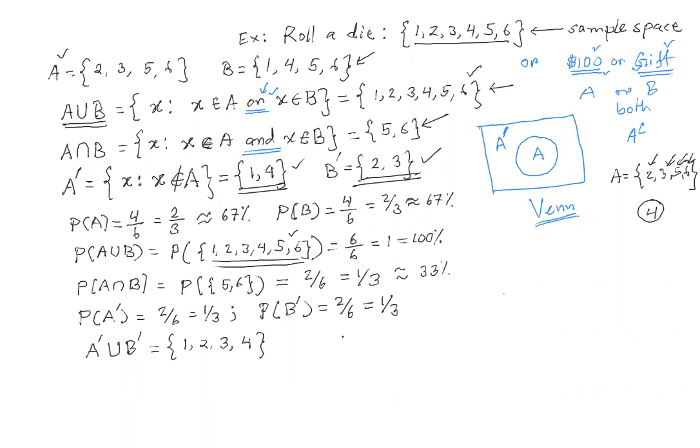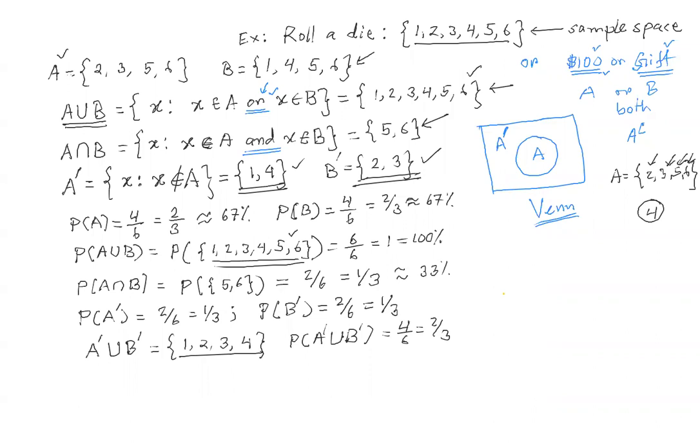A complement has 1 and 4, B complement has 2 and 3. So if you combine them, you get 1, 2, 3, and 4. So the probability of A complement union B complement is 4 out of 6, which is 2/3. Simple.